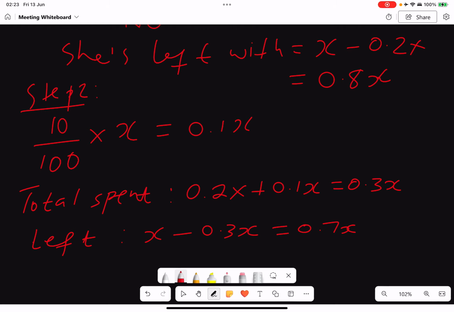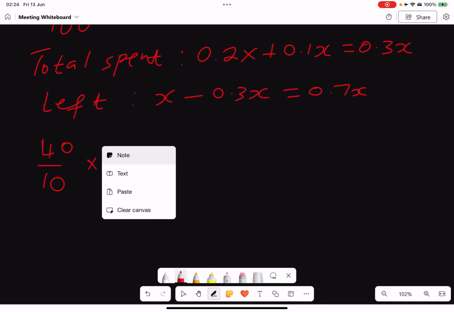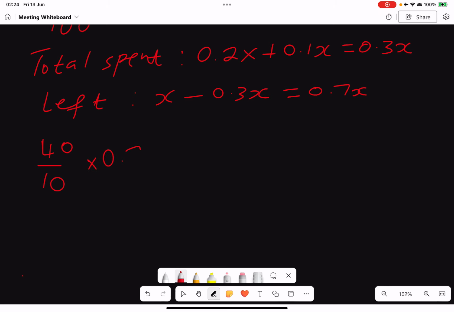Right. And then they say she is going to spend 40% of the remaining money on sandwiches. So remember, 40% is 40 over 100. It is going to be spent on the remaining money, which is 0.7x. Right?